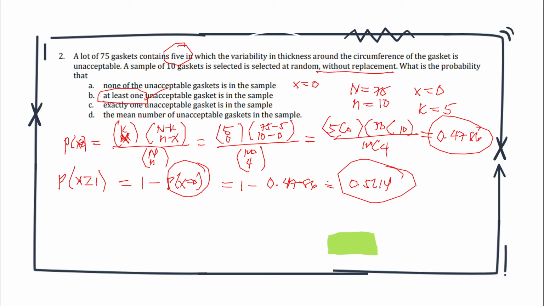Exactly 1 unacceptable gasket is in the sample. So P of x is equal to 1.